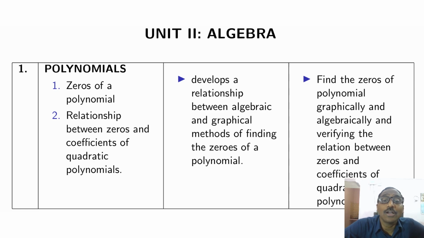Here it develops a relationship between algebraic and graphical methods of finding the zeros of polynomial. Find the zeros of polynomial graphically and verifying the relation between zeros and coefficients of quadratic polynomial.